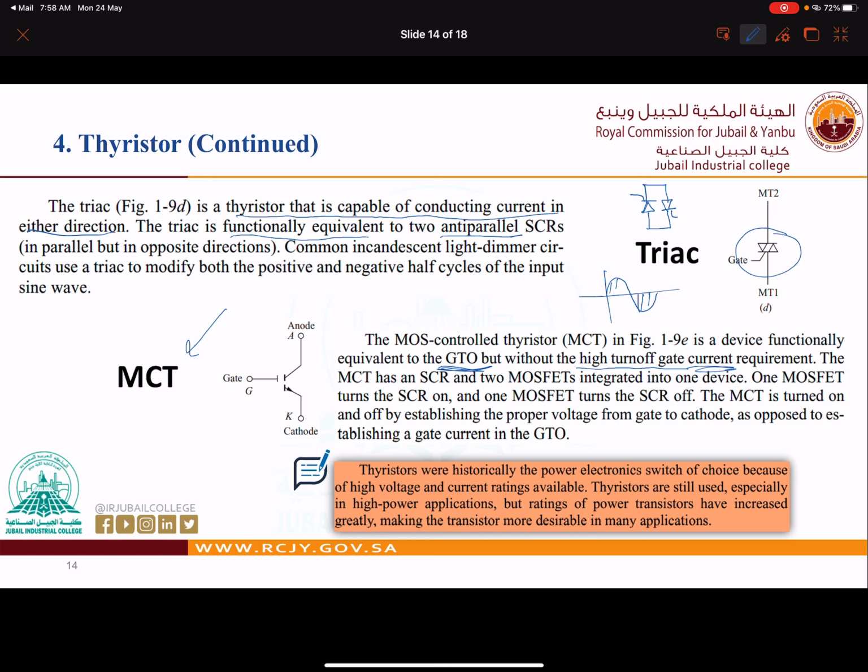Basically, the MCT has an SCR and two MOSFETs integrated into one device. So if I ask in the exam, what is MCT exactly? You can say it is one SCR and two MOSFETs integrated into one device, okay? This is very important.